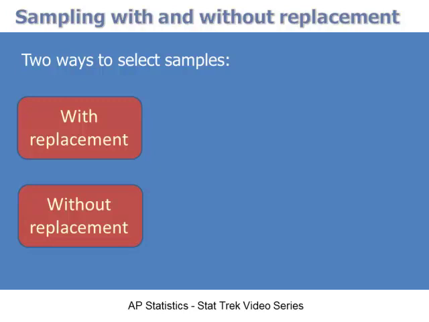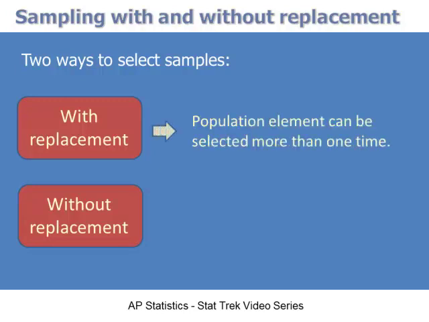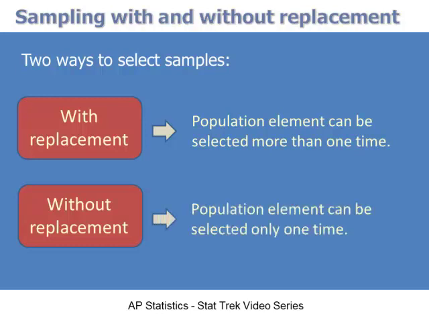If we put it back, it may be selected more than once. If we set it aside, it can only be selected one time. We are sampling with replacement when the population element can be selected more than one time. We are sampling without replacement when the population element can be selected only one time.